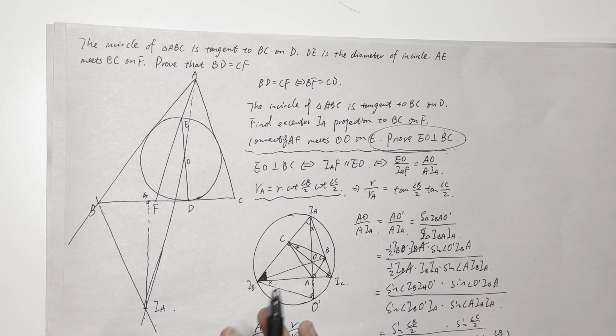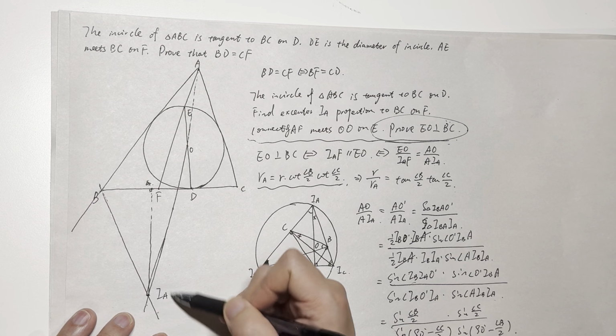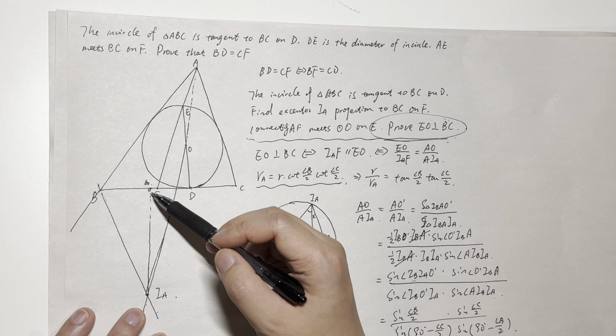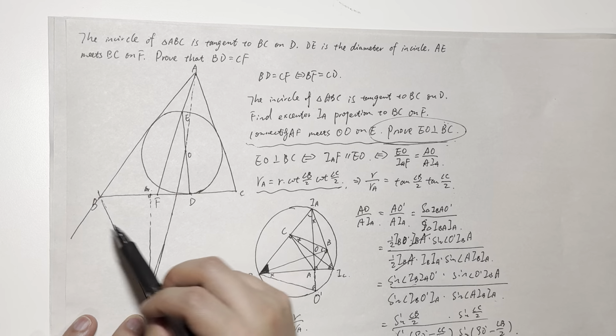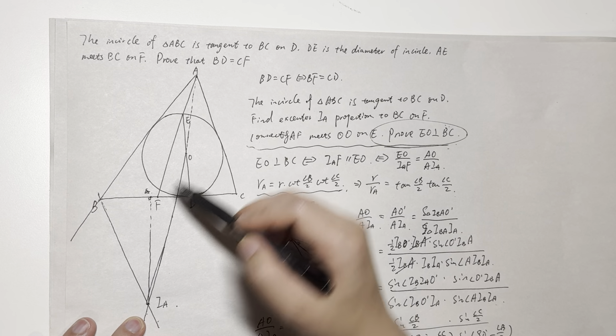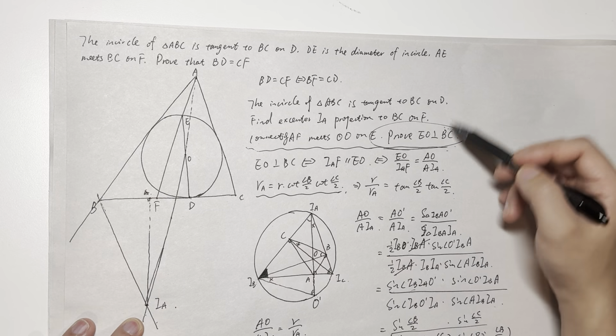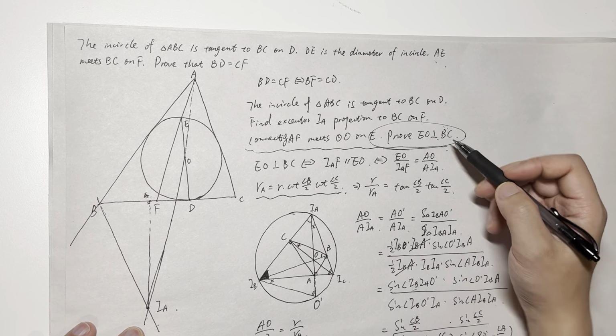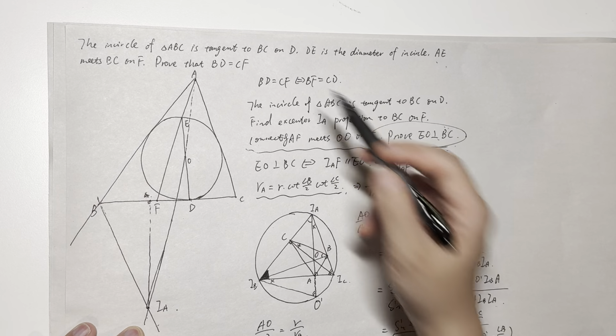So all of this we translate into finding the excenter first and the projection point, and then we prove that EO is perpendicular to BC. These two problems are equivalent, right? If this is true, this has to be true.